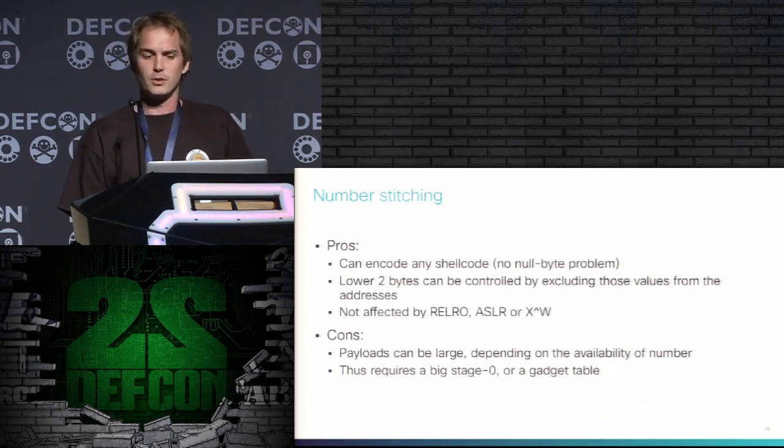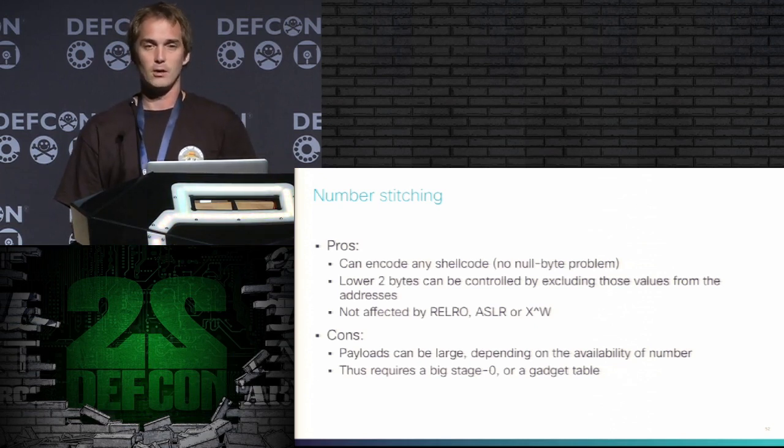The lower 2 bytes of your address are controlled, so you can exclude those values if you don't want them in your addresses. And obviously, the initial goal was that you're not affected by RelRO, ASLR, or XOR W, so it allows you to bypass all those memory protections.